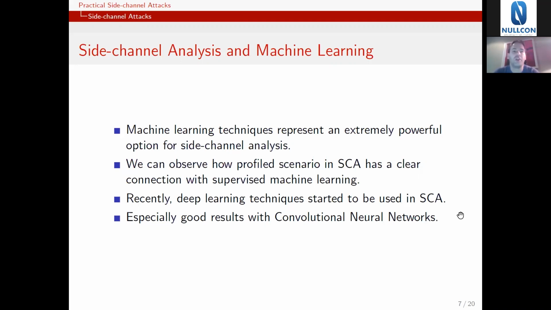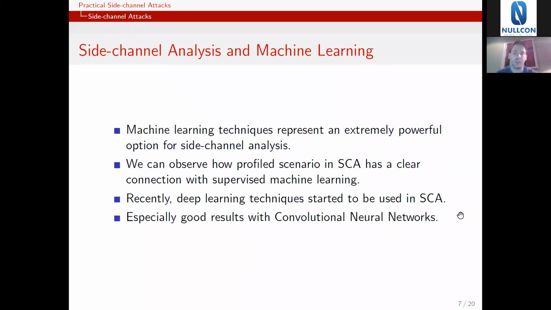If we talk about machine learning for side channel, there are a number of methods we can use to obtain really good results. And recently, meaning in the last couple of years, we also saw deep learning techniques start to be used in side channel analysis. There we saw especially good results with a type of deep learning called convolutional neural networks. What does it mean?